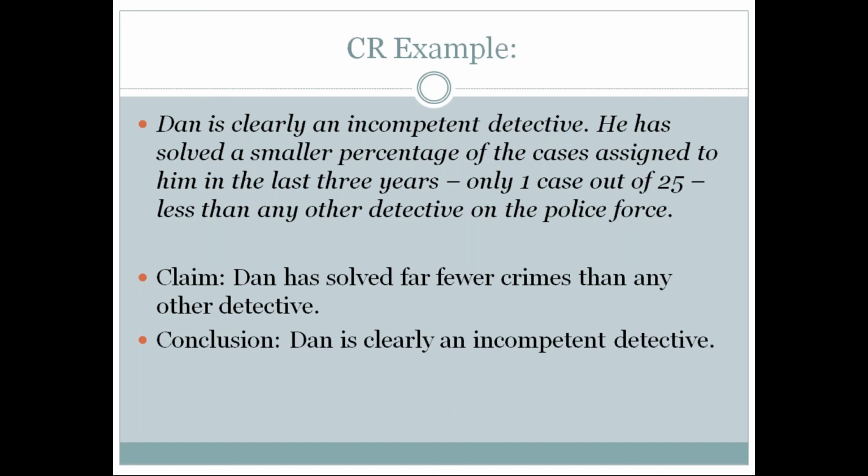Because I can present a similar example sentence with completely different inference that Dan is clearly the best detective. He has engaged in the most complicated assignments, but his hit percentage is only 4%. For like 3 years, but he's the best in the similar time. That's right.